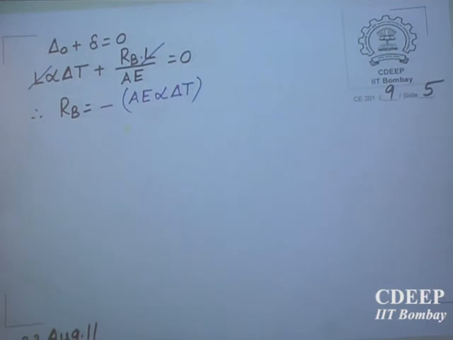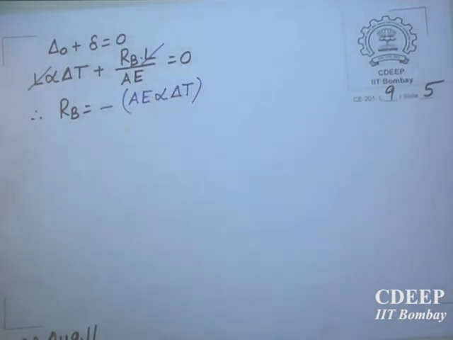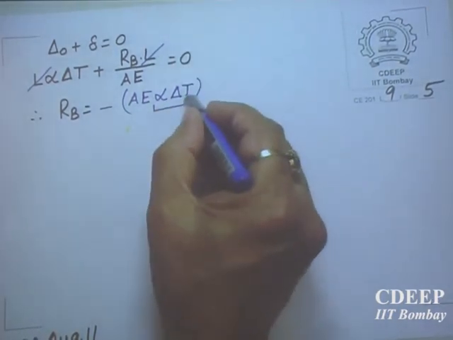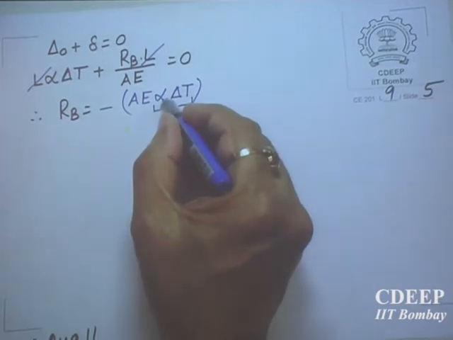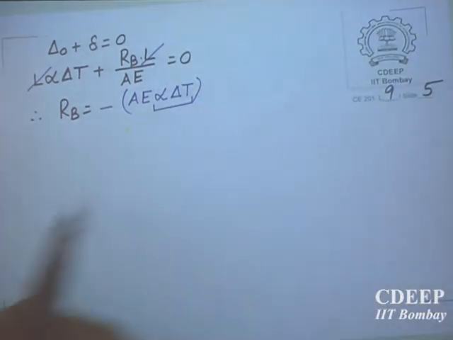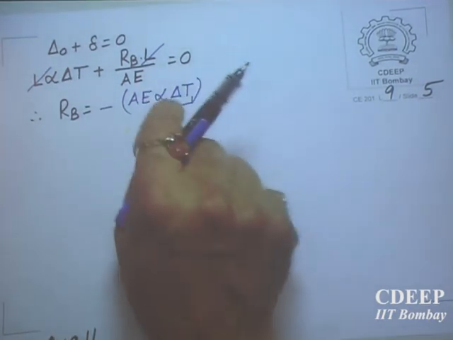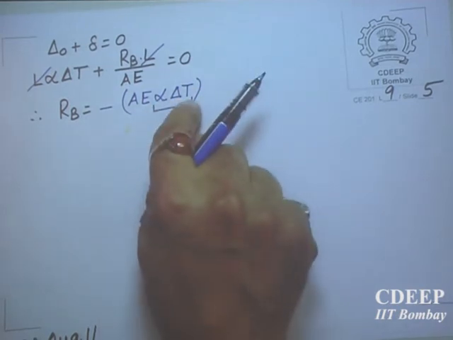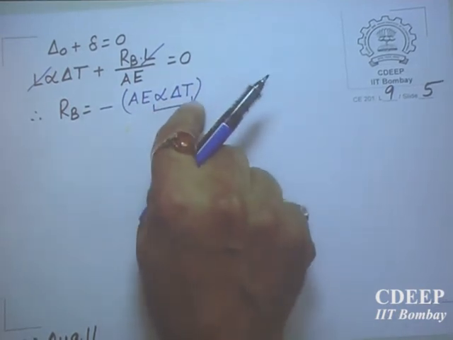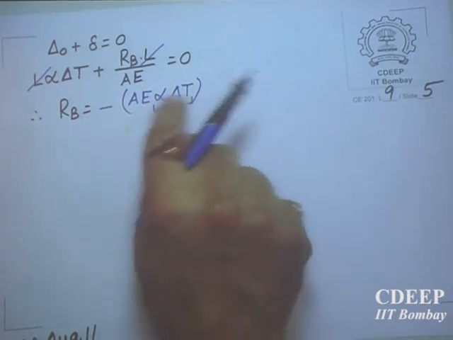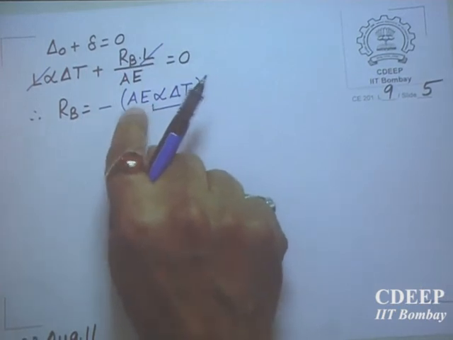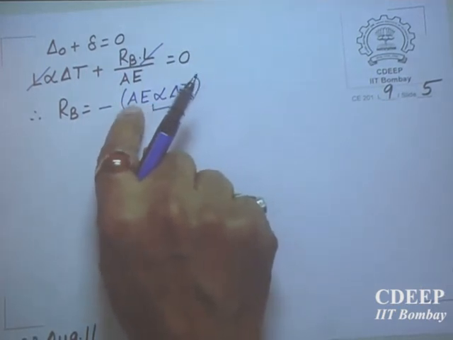You should also check the dimension. What is the dimension of this? No dimension. Alpha is always per unit temperature, per degree centigrade or per degree Fahrenheit. The coefficient of thermal expansion into delta T becomes unitless. So this is strain. Strain is always unitless. So this is strain multiplied by E, stress, multiplied by A, force.